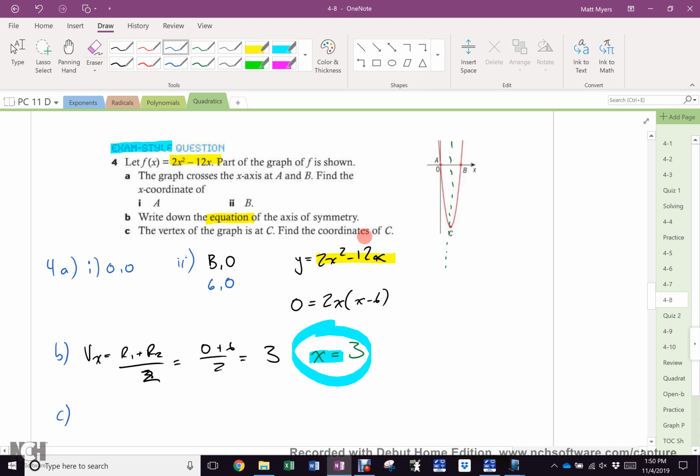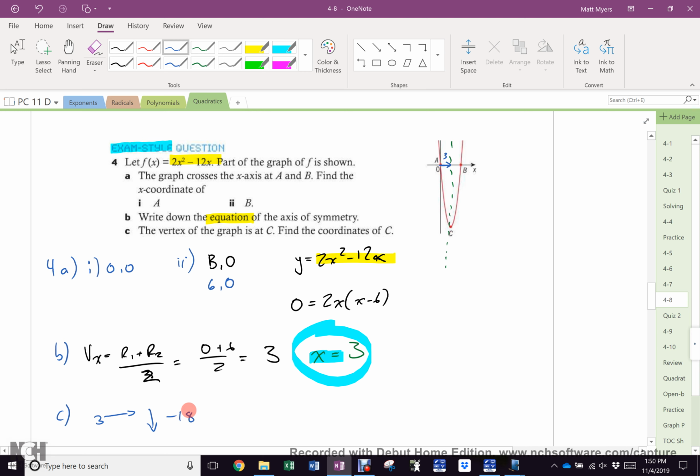how do I find the vertex? I've got 2 choices. What are they? Okay, how far is that? 3. So I went 3 on the x. How far down did I need to go? How much? 18.